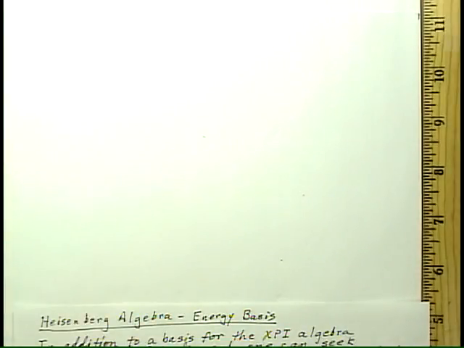This one-dimensional problem we could see in the energy basis. By the energy basis, we mean the basis in which H is diagonal, not x and not p, but some combination of the two, p squared plus V of x, where V is the potential.